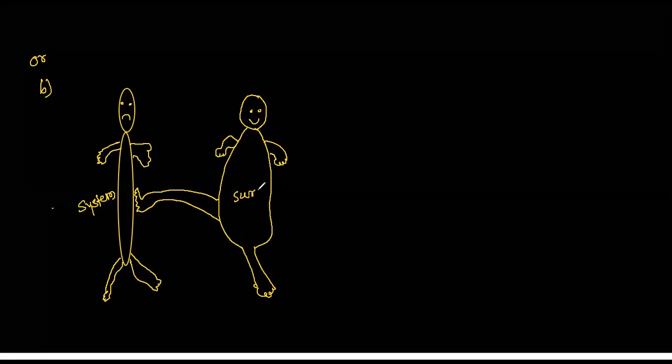This is what? Surrounding. Then work is done. Surrounding is doing work on the system. Then delta W is equal to negative.